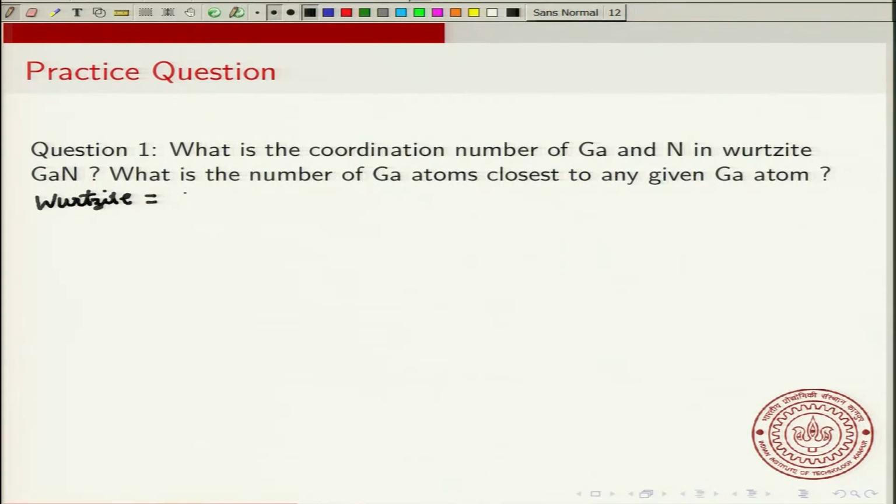So you can look at it as two interpenetrating HCPs, or alternatively you can look at it as HCP plus half of the tetrahedral voids.